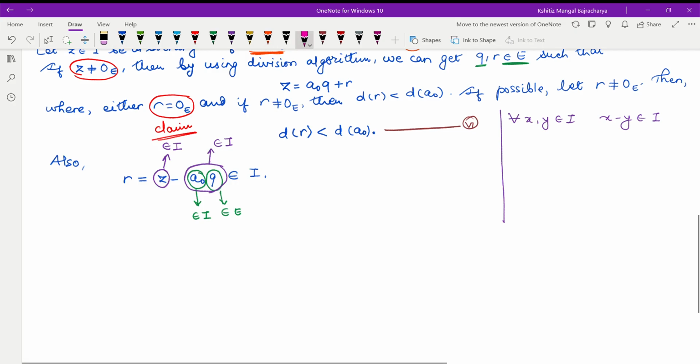So from here we have r belongs to I, and we're assuming that r is not equal to 0.